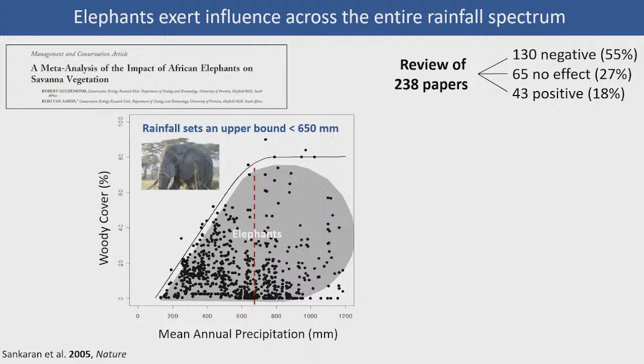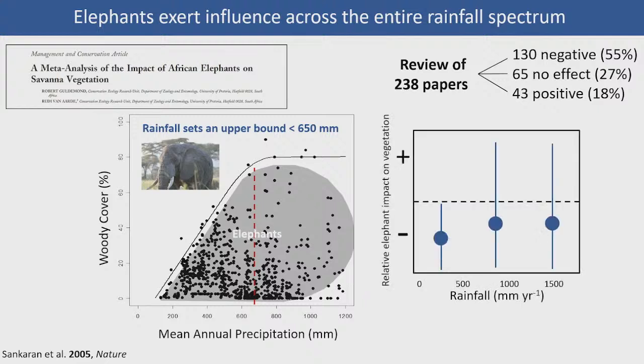They went on further to explore the effects of rainfall, and what they found is that at arid sites, there were always negative effects of increased elephant densities, whereas at transitional or mesic sites, there were variable effects, sometimes negative, sometimes positive. So rainfall seemed to play some sort of an effect in modulating the effect of elephants on woody cover.